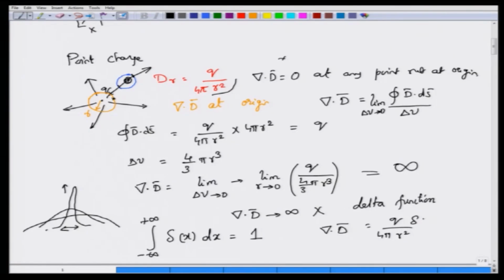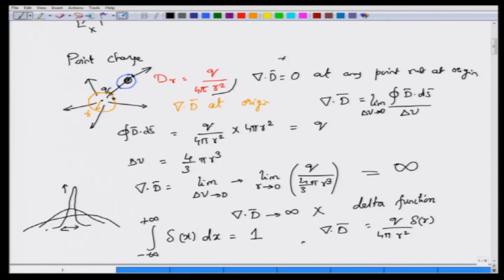Therefore, you multiply that by delta of r, and you interpret this result as saying that if you integrate this del dot D over the volume, which is equivalent of considering the integral of D dot ds over the sphere of radius r, it will not be equal to 0, and will actually be equal to the amount of charge q.